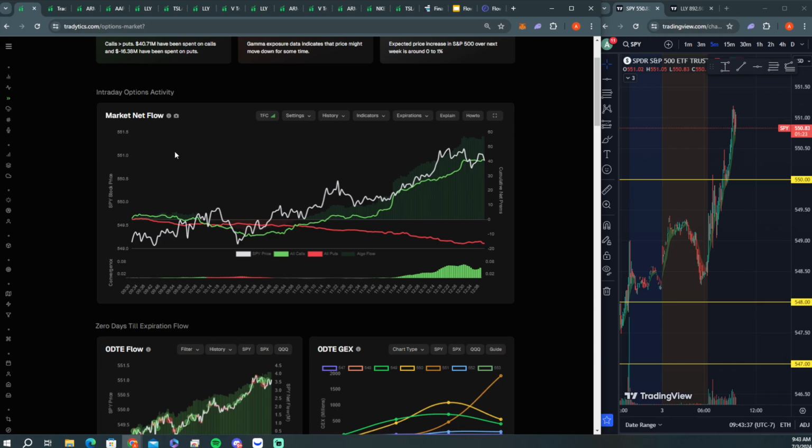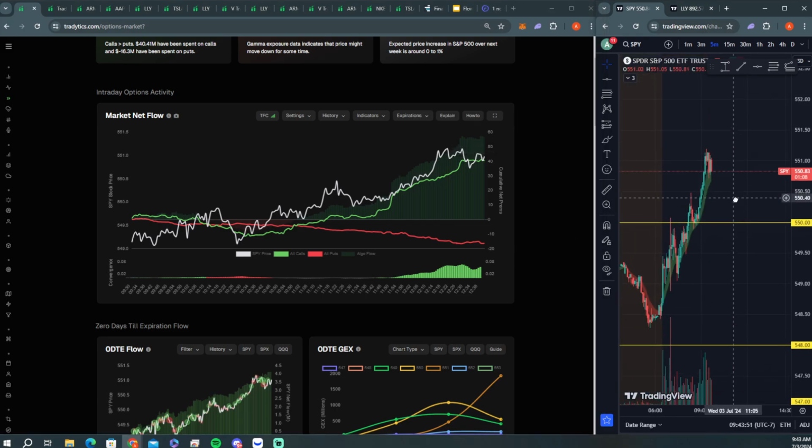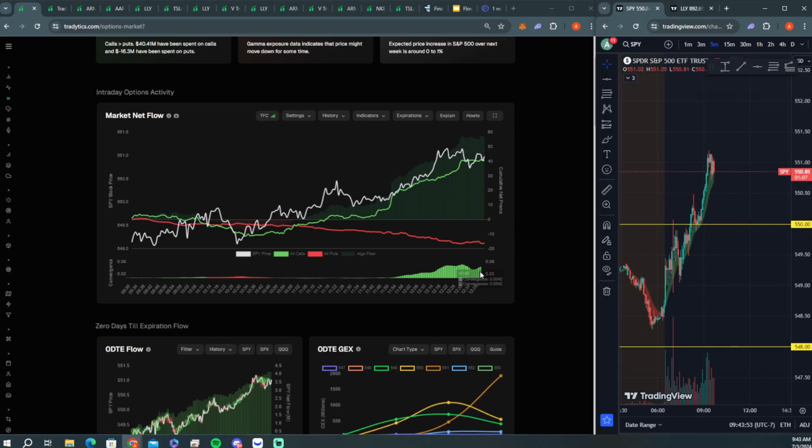It takes into consideration all of the inflow and outflow of calls and puts in the entire market. So you can see that obviously we're bullish in the market, and I use this to compare it to SPY and stuff like that. I never ever use SPY QQQ flow to make my decisions.